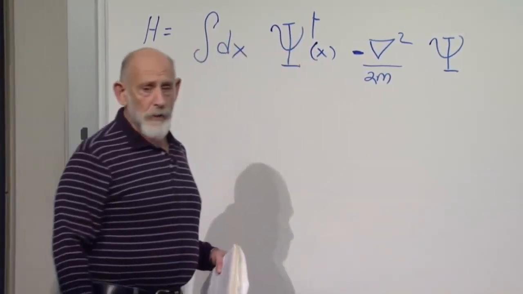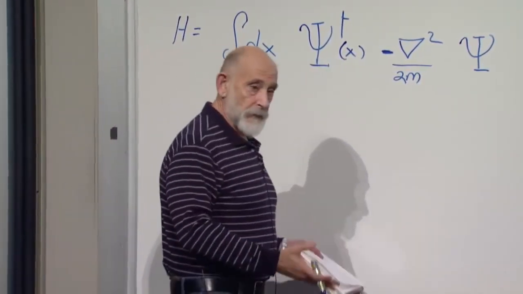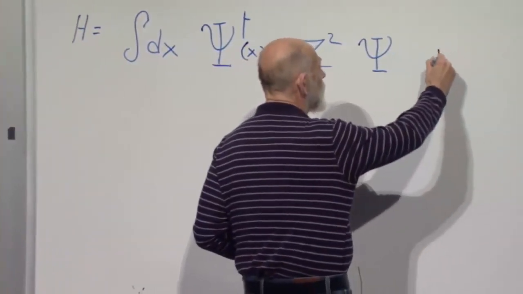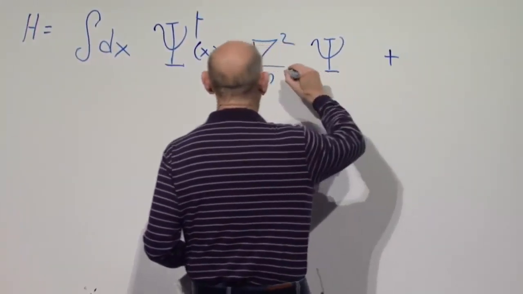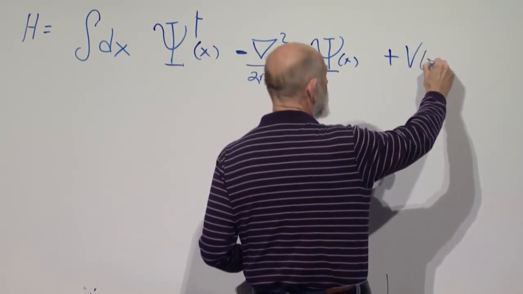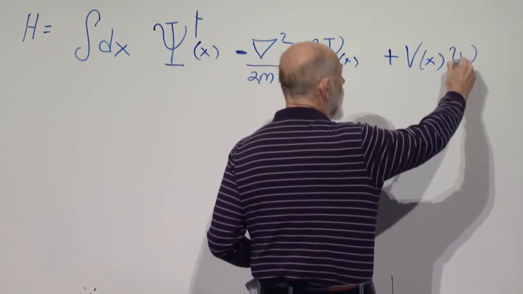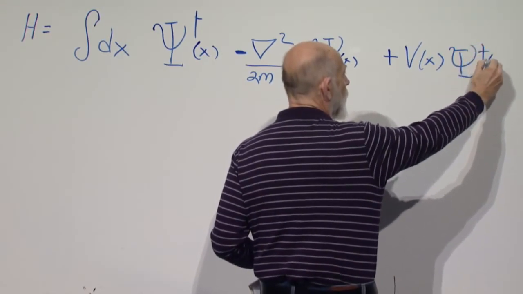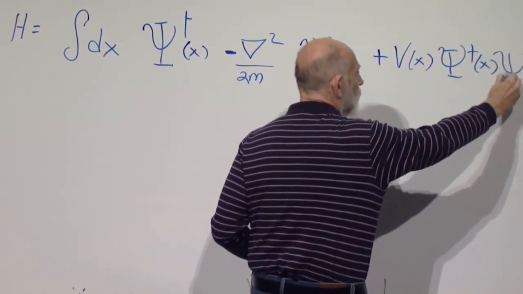If the particle also happens to be in a potential, if there's a potential energy, then you would add in here, and this of course is also of x, and then there's a V of x, the potential, times psi dagger of x, psi of x.